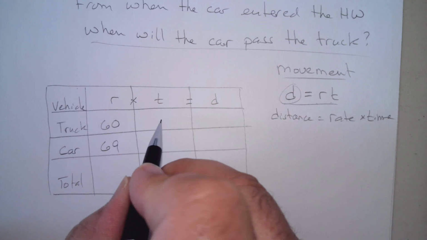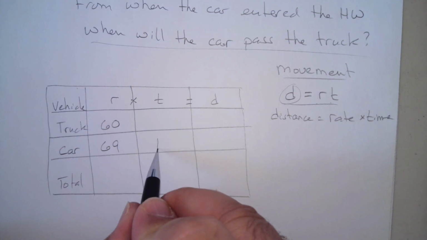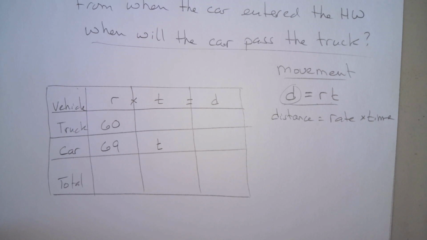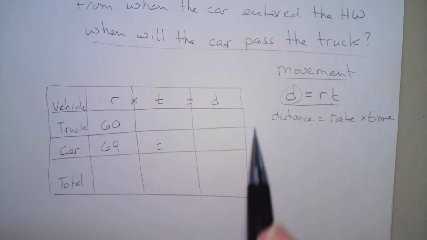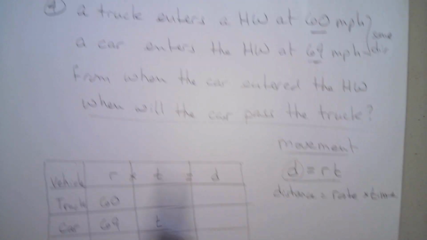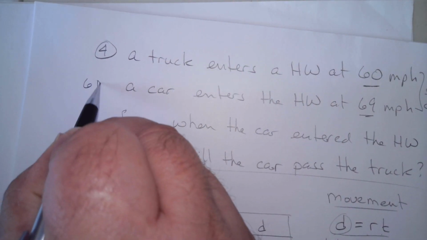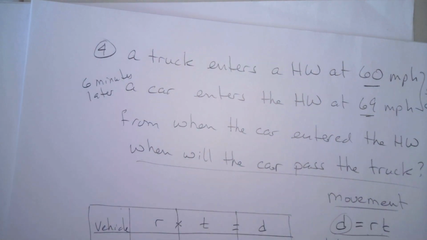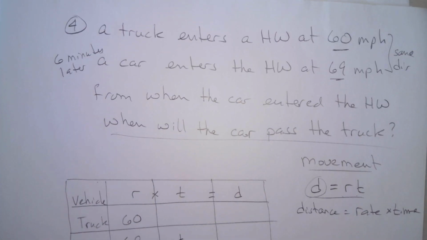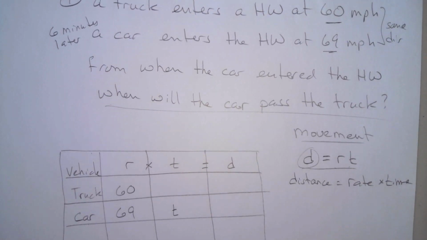The time the car entered. Remember, I forgot to put something here. It should be 6 minutes later, a car enters the highway at 69 miles an hour.